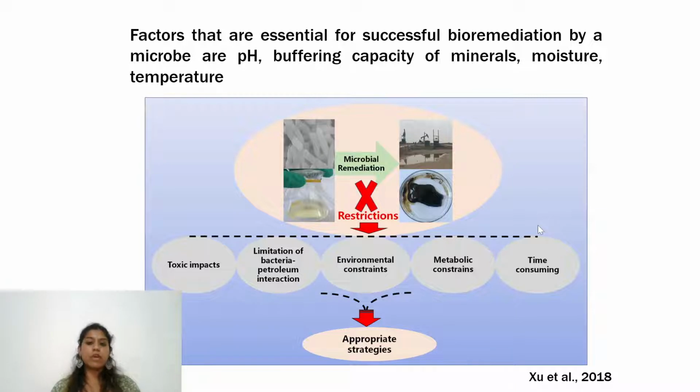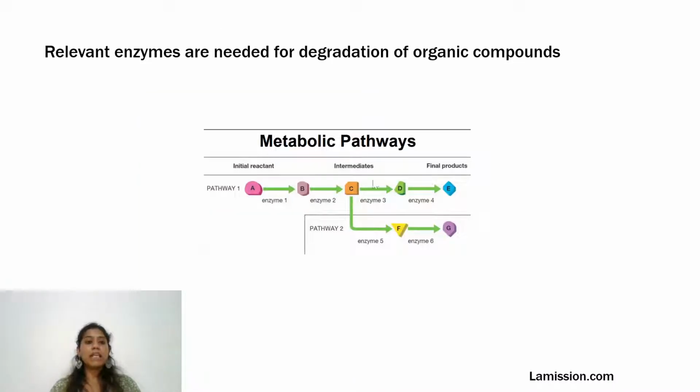So I was saying that bioremediation is time consuming, and the most important thing is that the microbe that we are choosing should have the relevant enzymes for degradation of the organic compound of interest. It could be any organic compound like petroleum products or oil components, or any other metal contaminating the wastewater or soil.